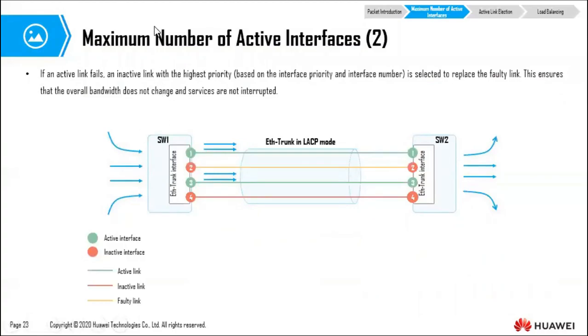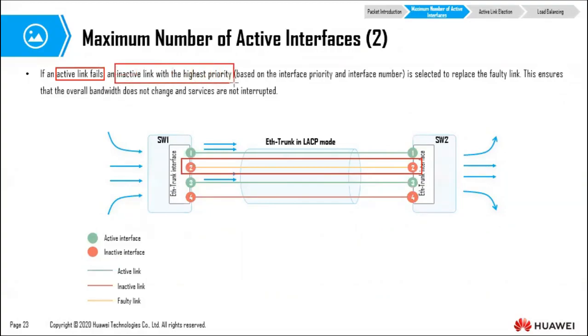Okay, so what do you think happens when an active link fails? This link here, it was an active link, but now it has gone down. What do you think happens? Let's read that together.